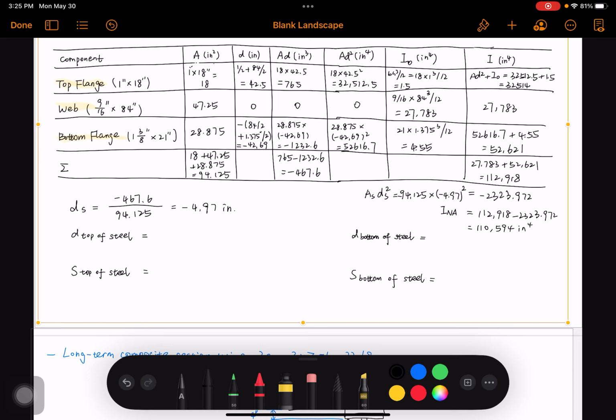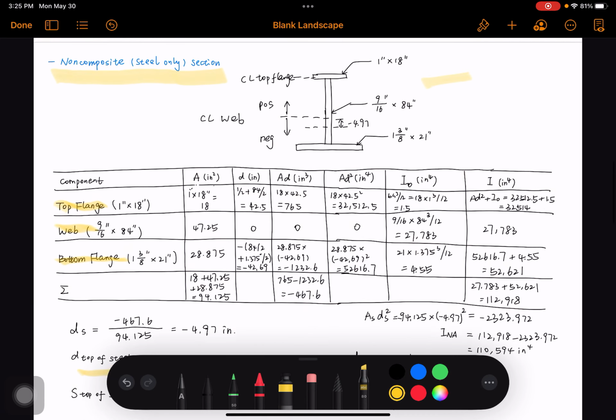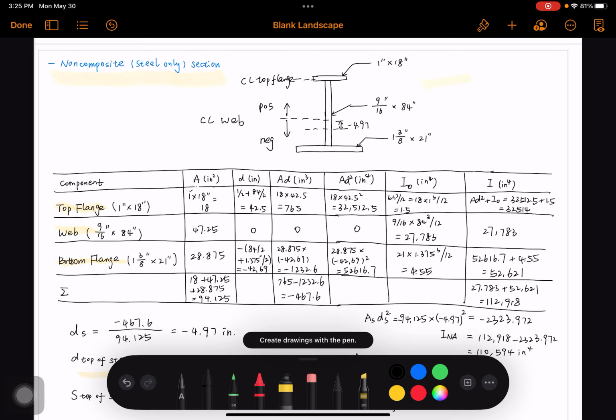Now, the distance between top of the steel to the neutral axis. So come back to this section on top. This is the neutral axis that we calculated, and this is the top of the steel.